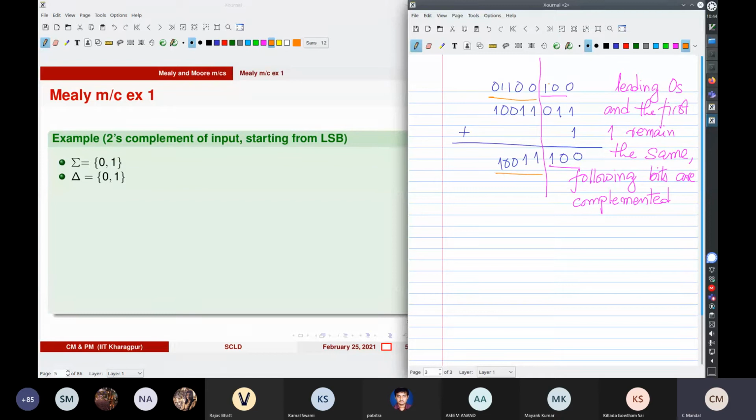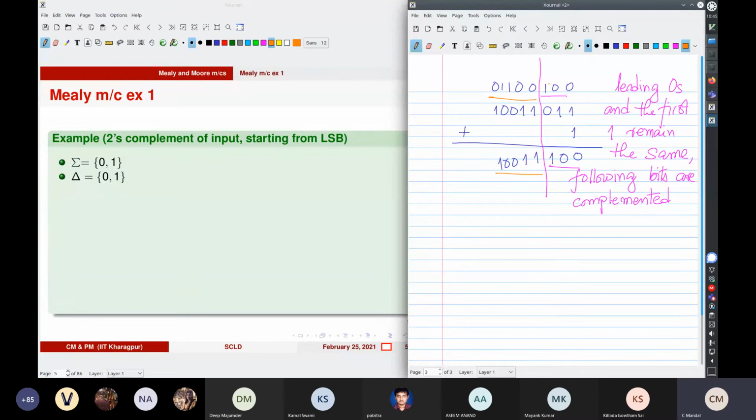So why don't you do it in your notebooks, and someone can post it here. It's a very simple machine. Just try.